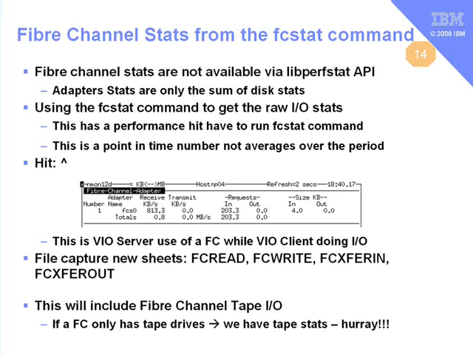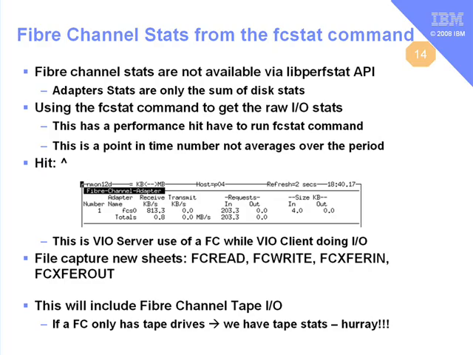Now, one extra bonus with collecting this information is that if you have fiber channel tape drives connected to your SAN, then we're going to actually find out what your tape drives are up to. From talking to administrators that have fiber channel tape drives, they tend to connect the tape drives to a particular set of dedicated fiber channel adapters, and their disks on a different set of adapters.